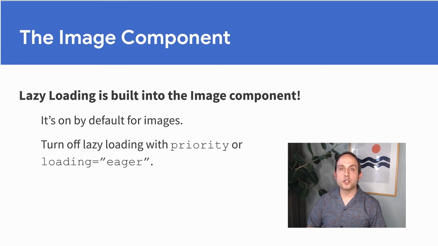And any image that you don't mark as a high priority image and that you don't give the loading equals eager attribute to will be assumed that you wanted lazy by default and will behave accordingly. Basically, again, we don't want the users of the image component to have to think about it too much. This behavior should just be appropriate for most use cases. And in the use cases where you want a different behavior, you can specify that in the image component.